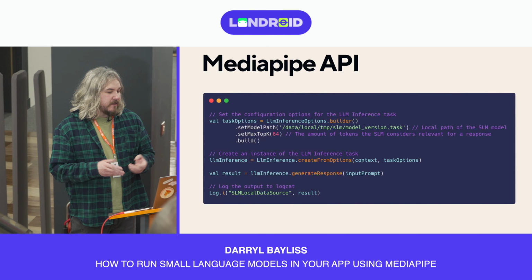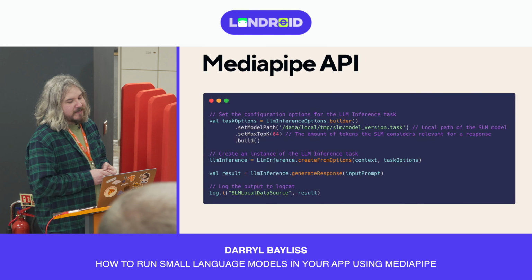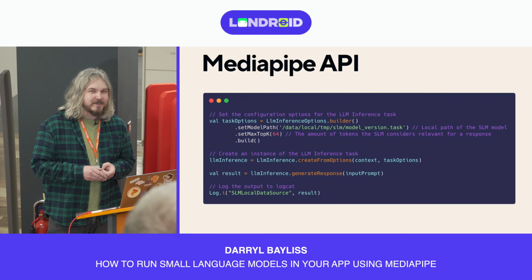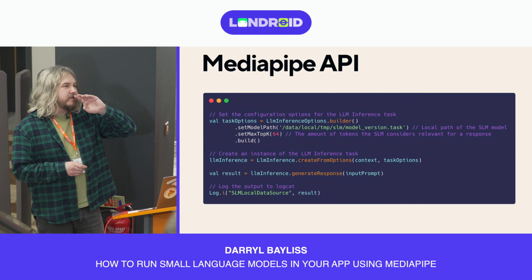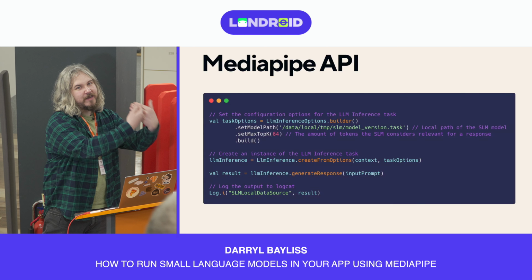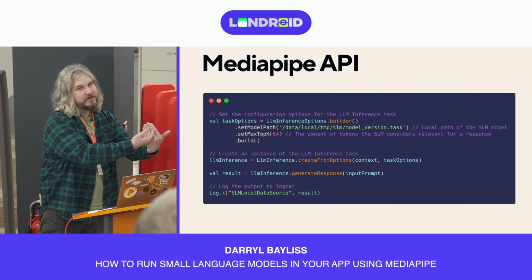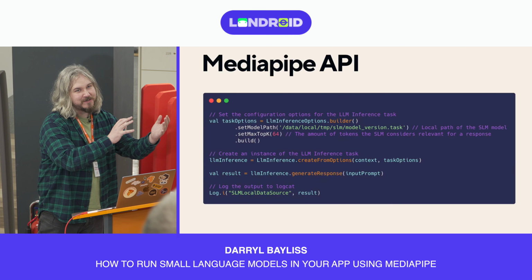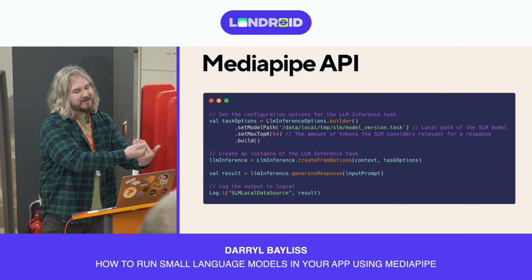The next one is called maxTopK, and what that means is you're telling the model that you want it to consider the first X thousand tokens, which are like responses to something that you ask it.